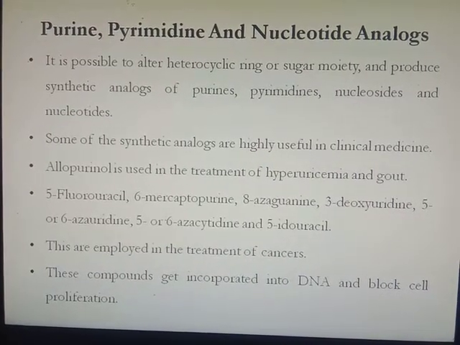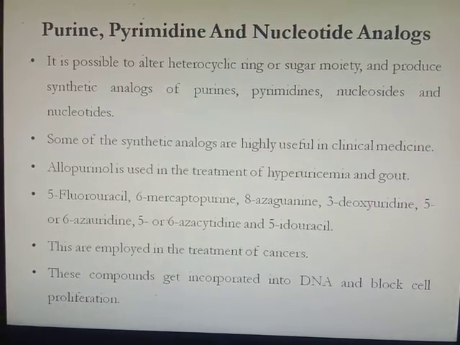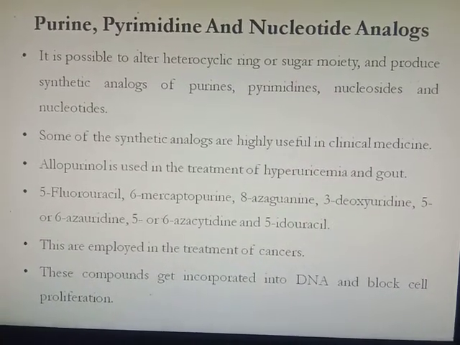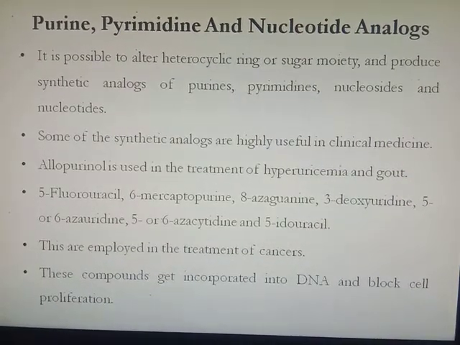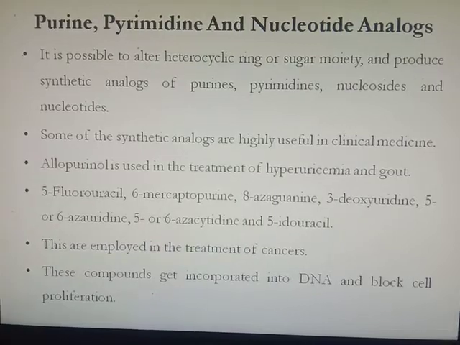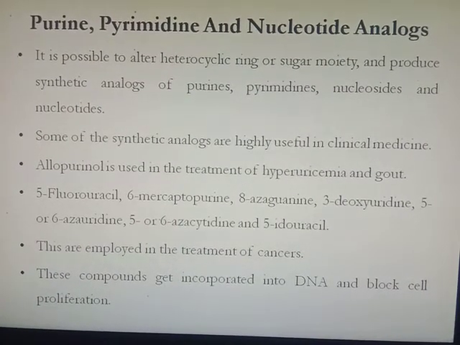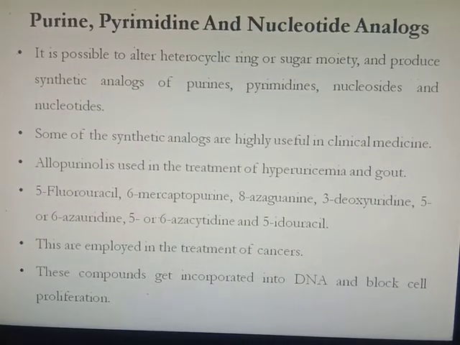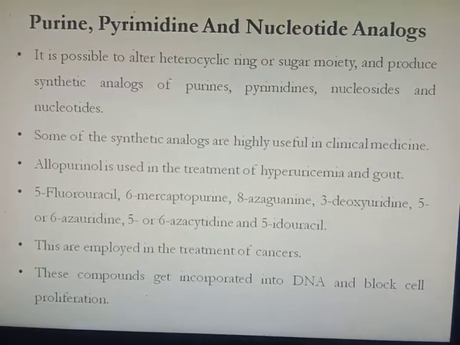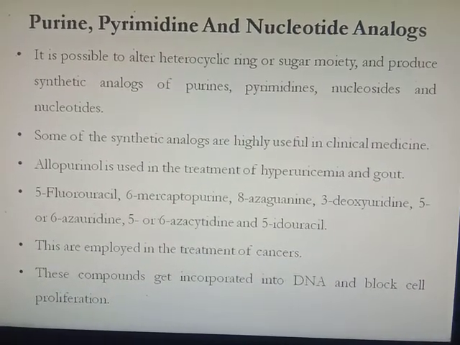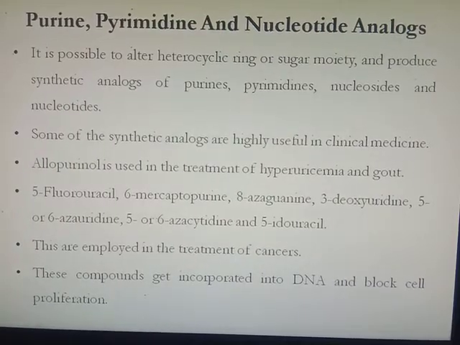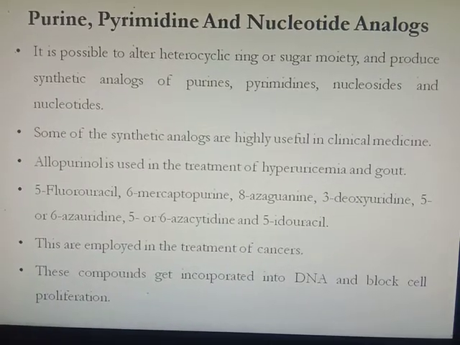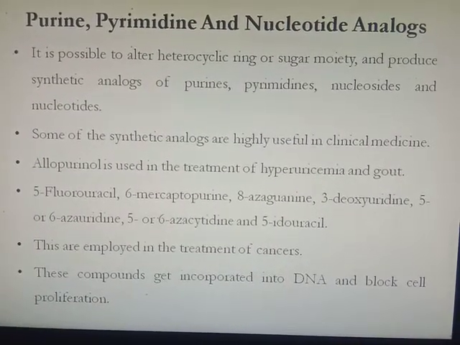For example, allopurinol, a nitrogenous base, is used in the treatment of hyperuricemia and gout, whereas 5-fluorouracil, 6-mercaptopurine, 8-azaguanine, 3-deoxyuridine, 5 or 6-azauridine, 5 or 6-azacytidine and 5-iodouracil are all employed in the treatment of cancer. These compounds get incorporated in DNA in cancerous cells which are under replication and interfere with the replication, which leads to the death of that cancerous cell.